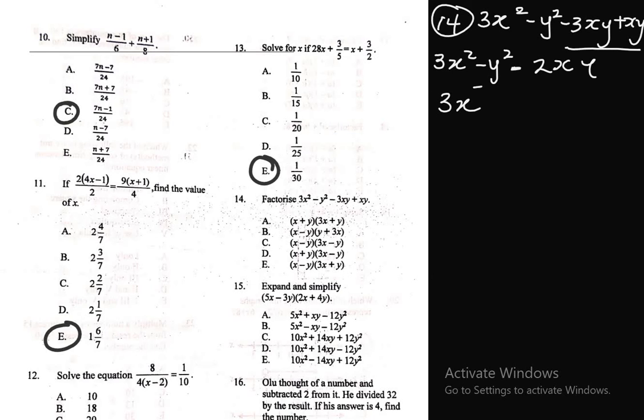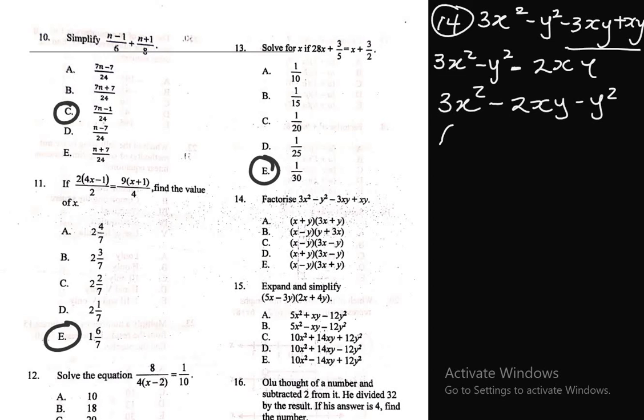We have 3x squared first, minus 2xy, and then let y squared be at the end. Now, we recognize that this is a quadratic expression in terms of x.